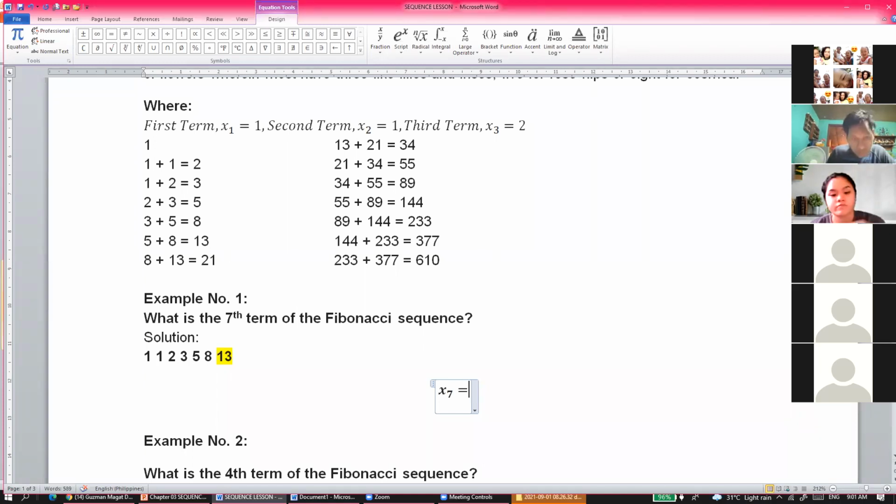Tama ba ako? Okay. So, ibig sabihin, ang x sub 7 is simply the sum of x sub 5 and x sub 6. So, I will write here x sub 5 plus x sub 6.